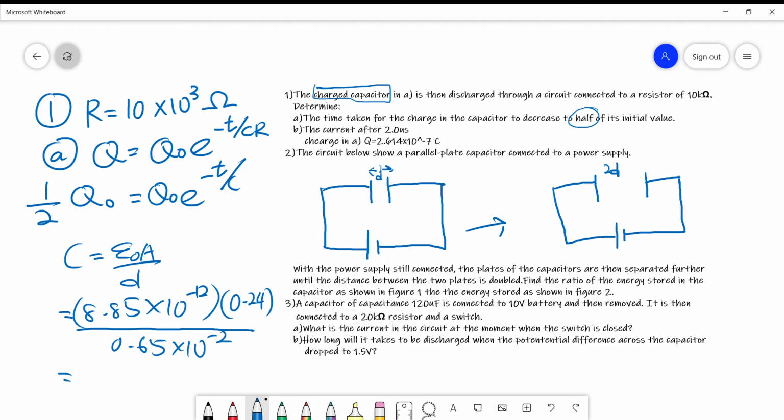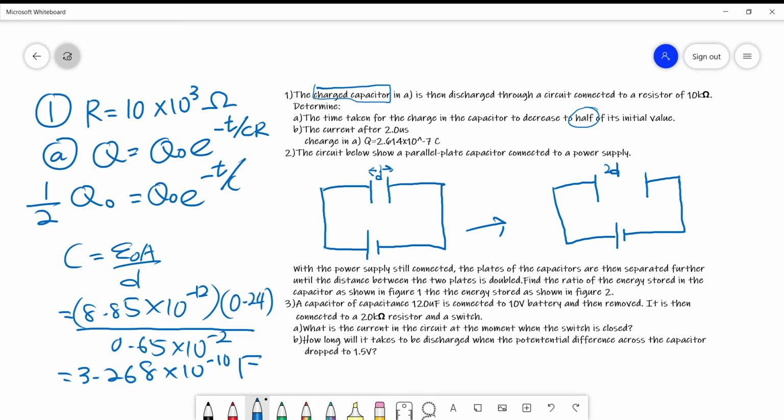What I have here is the capacitance, which is 3.268 times 10 to the power of negative 10 farad.